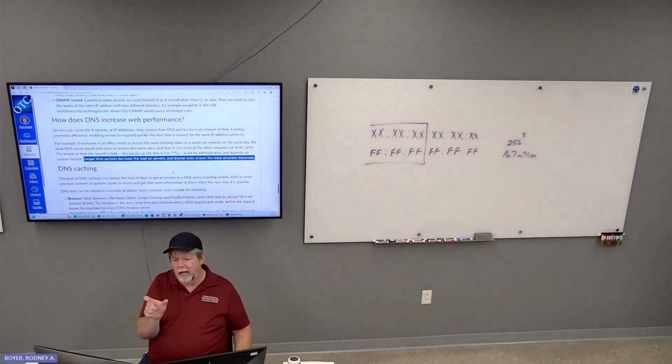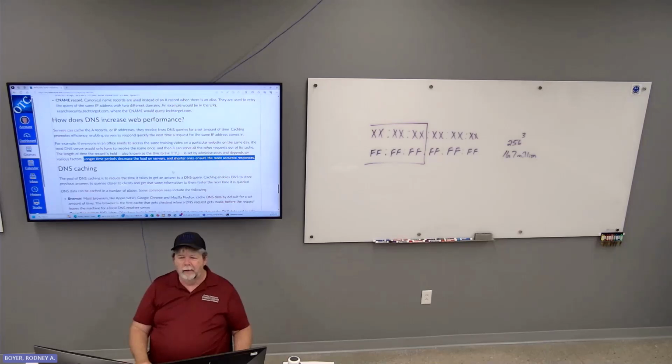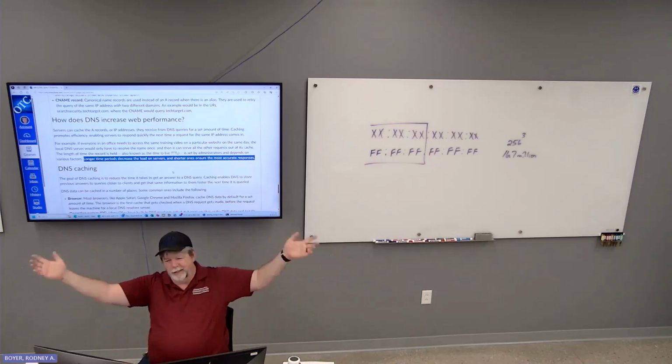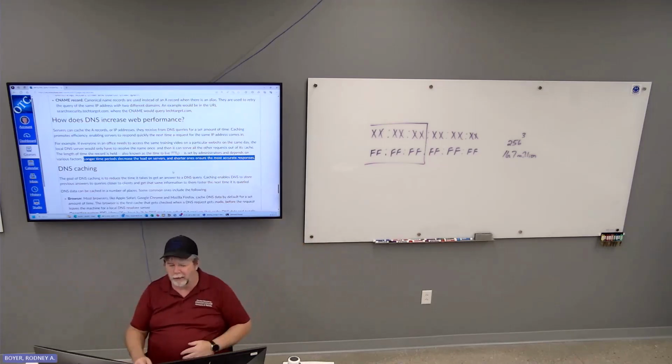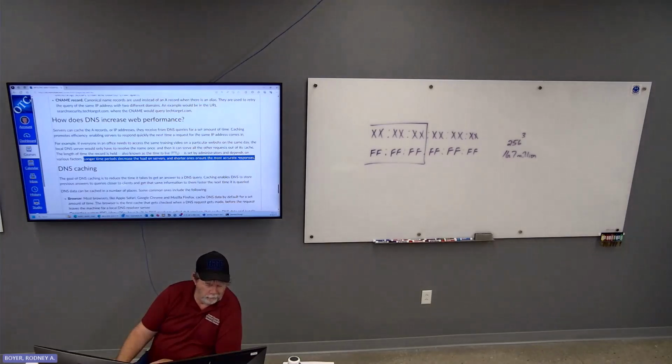Anyway, if you have a dynamic IP address that's constantly changing, you want to shorten your TTL so that the record expires and it has to be requeried. If you're a Google or YouTube, your IP address doesn't change, so your TTL can be 365 days if you want to. It's not going to change anything. So that's what that means.